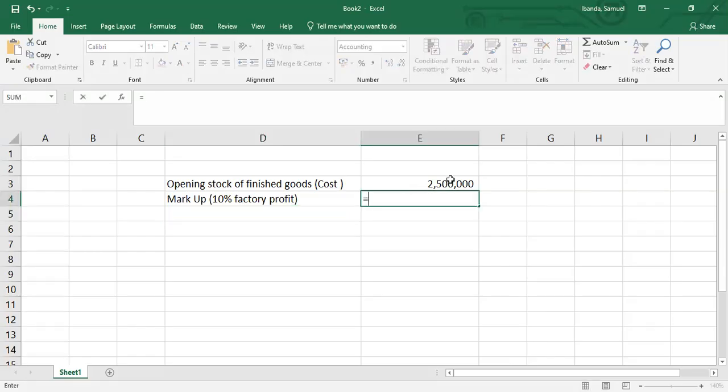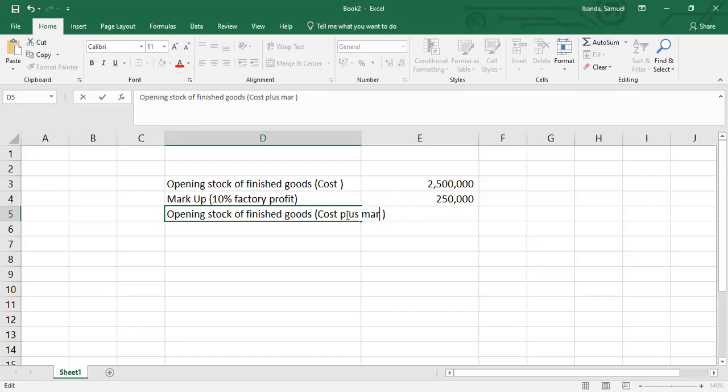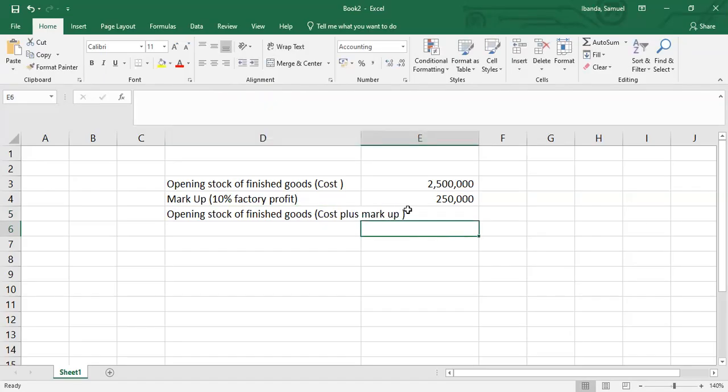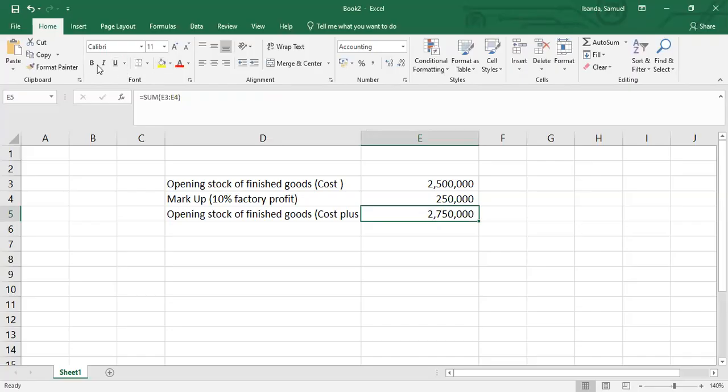So 10% of this, this times 0.1, gets you 250. So it means that our new balance, the opening stock of finished goods at cost plus markup, is basically the summation of that, okay? So that is what we have.